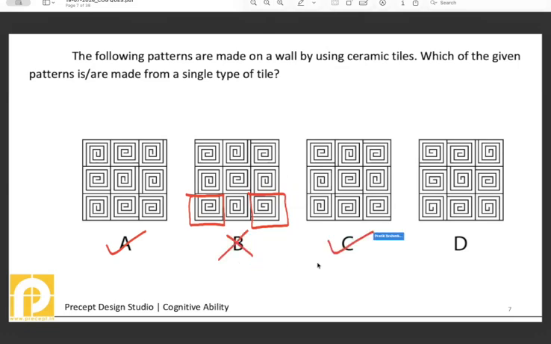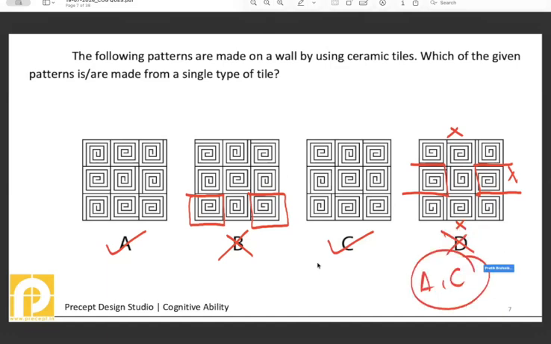And in case of option D, if you observe very carefully, D is also a mirror. One second. This is a mirror and this is a mirror. So this block is not possible, this is not possible, and even this block is not possible. So D is wrong. Correct answer is A and C.